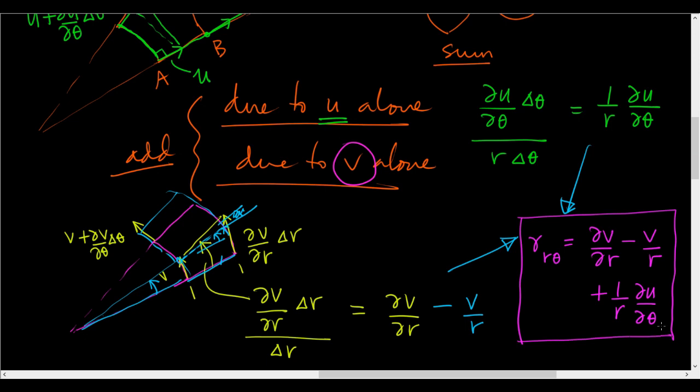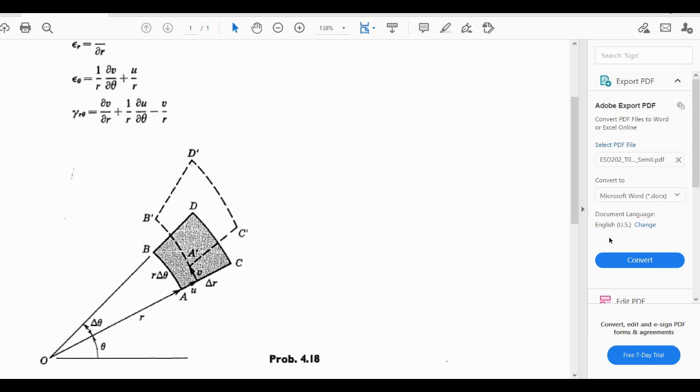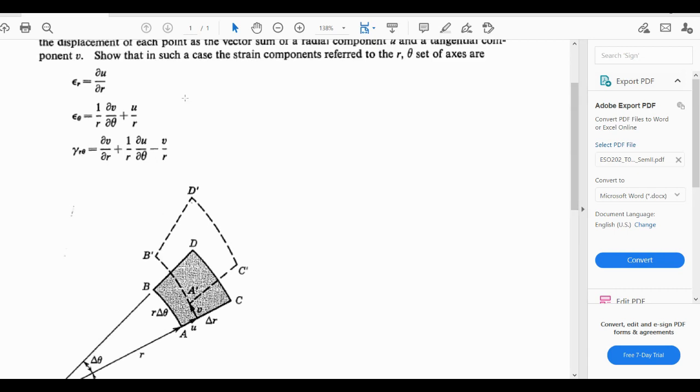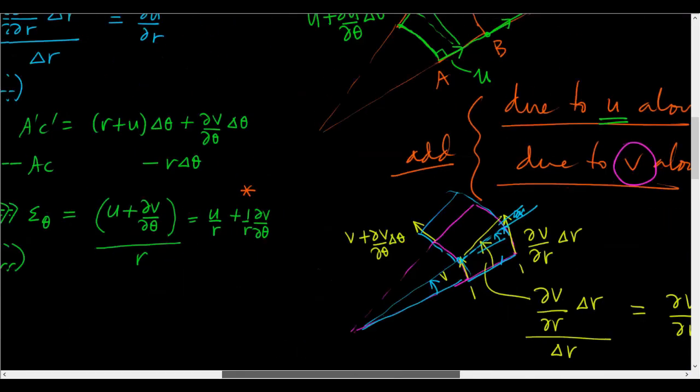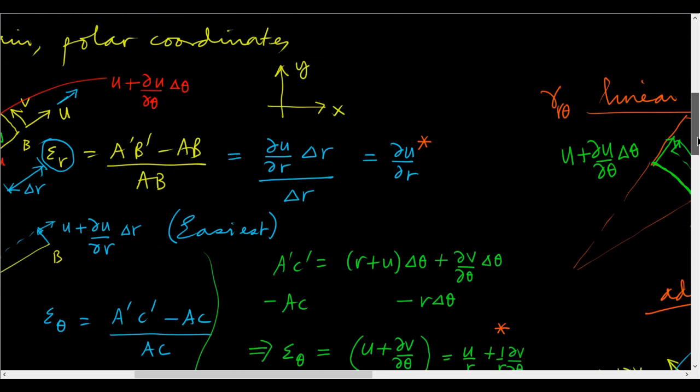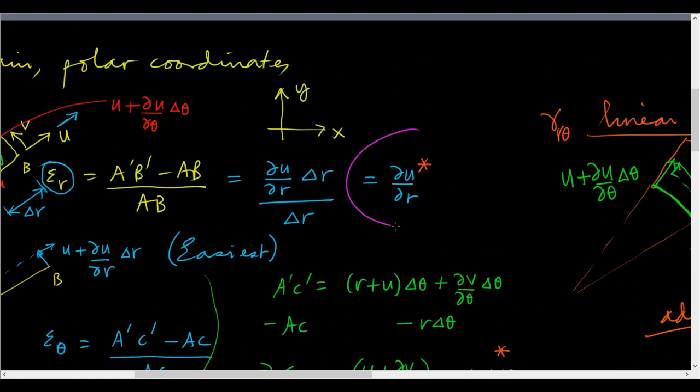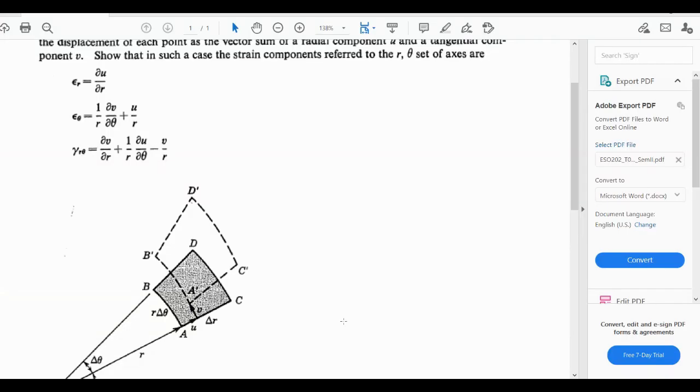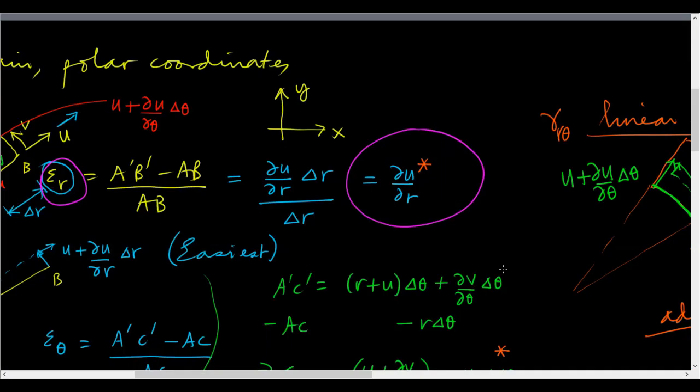And this was part of a tutorial problem. The tutorial problem is here. So epsilon r is del u by del r. We see that here, and epsilon theta was 1 by r del v del theta plus u by r.